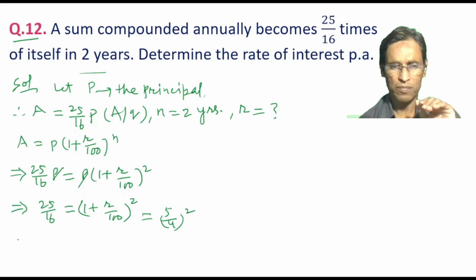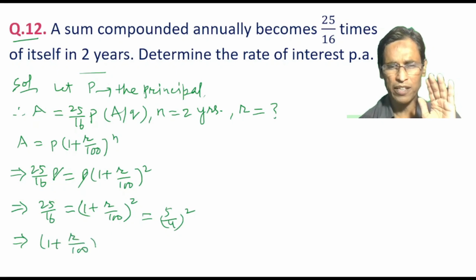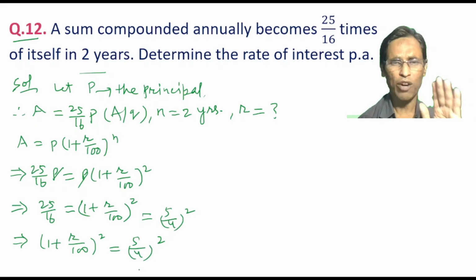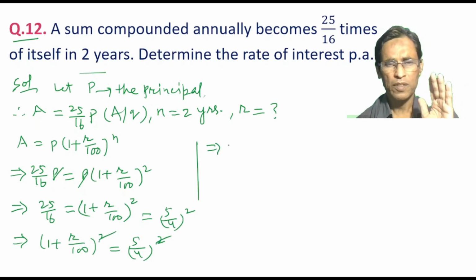Now we have the equation (1 plus r by 100) to the power 2 equal to (5 by 4) to the power 2. Here both sides have the same power, so the power can be cancelled. Therefore we get 1 plus r by 100 equal to 5 by 4.